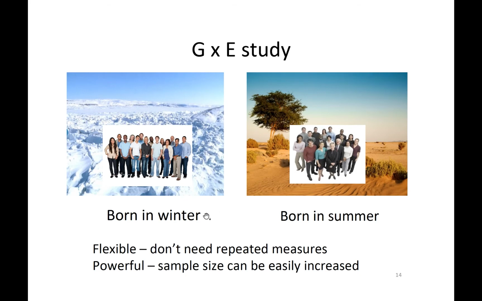However, based on genome-wide SNP information, you can group people born in winter and people born in summer. Then, as long as they have genotypes on the same set of SNPs, you can work out the genotype similarity between this group and this group, then estimate their genetic correlation and test whether this group and this group have heterogeneity.